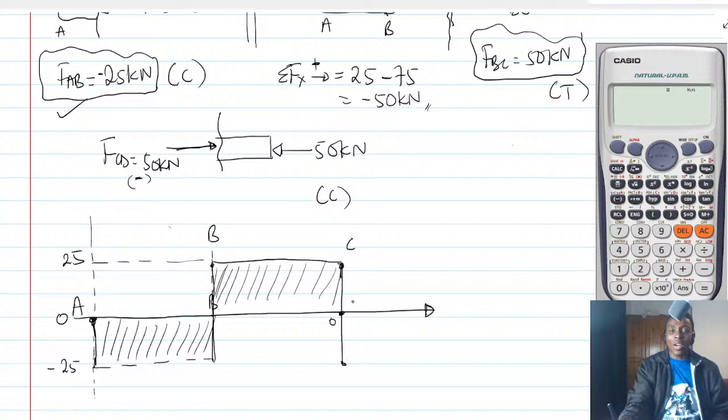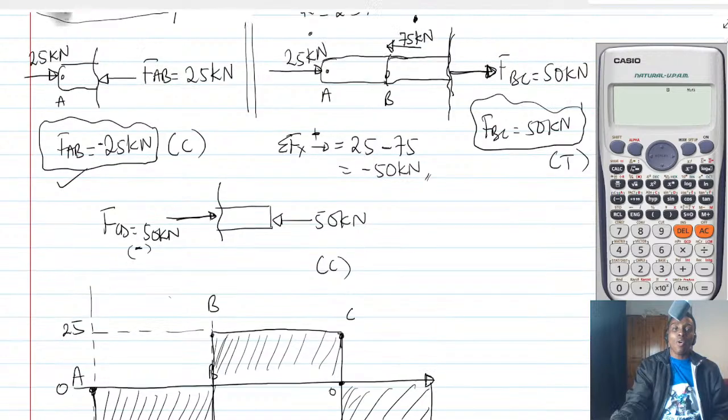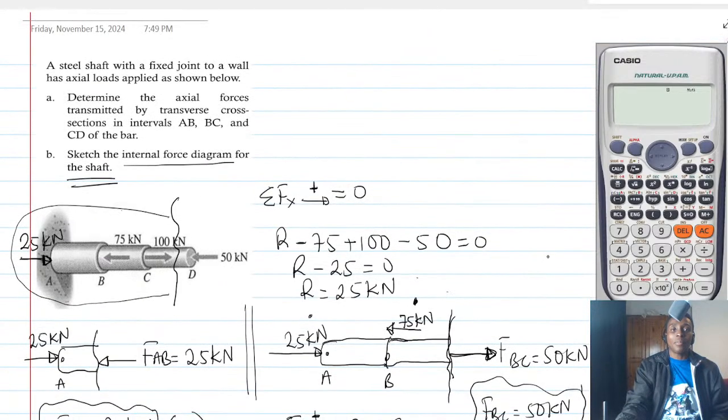So minus 25 minus 25 you get minus 50. And then you come all this way here. So this is what we call the axial force diagram. Or the internal force diagram actually. Okay. So this question has been solved.